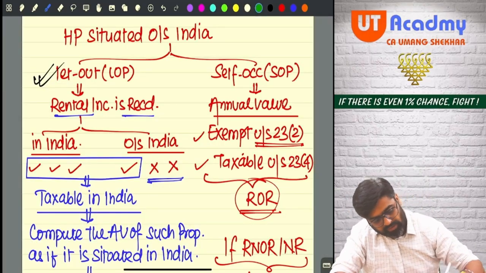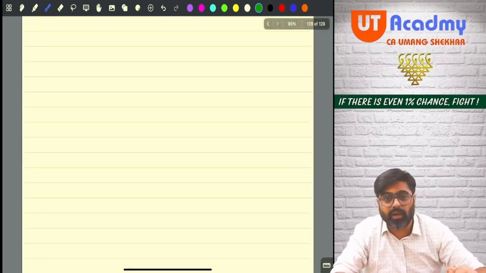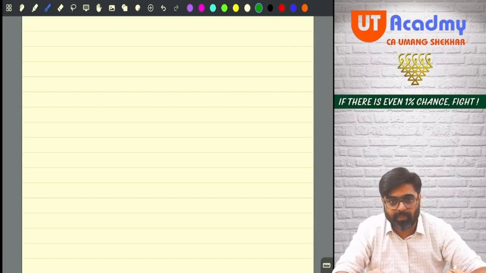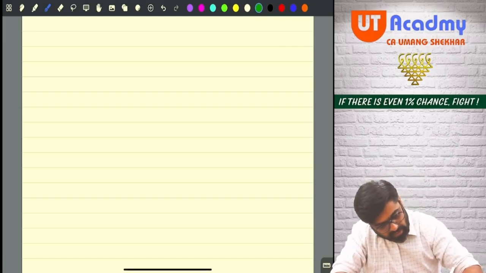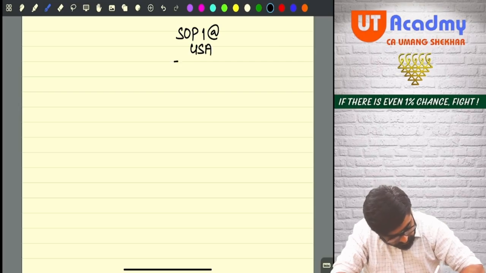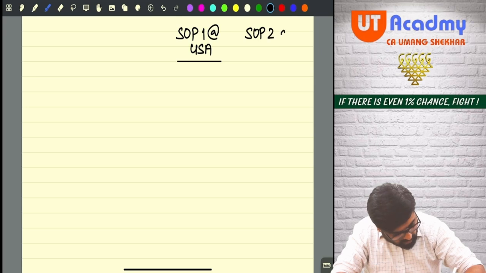So now how would I make the calculation, how would I show the presentation? See, I will write down like this. SOP 1 at USA and SOP 2 at Chennai.